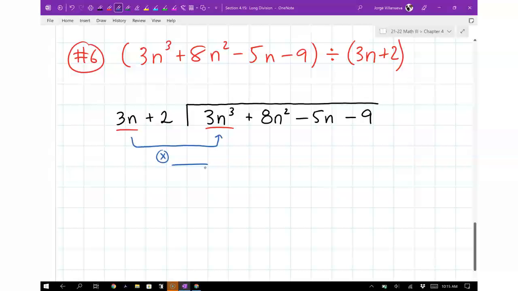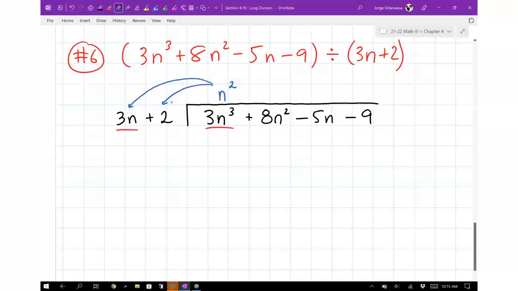Say it again. Someone said it. I think I heard you say it. I heard a squared. Did anybody say that? Something squared? I could have sworn I heard that. You're going to multiply by n squared.